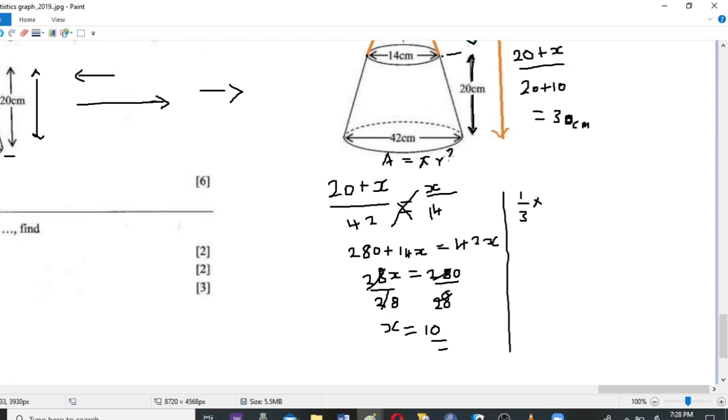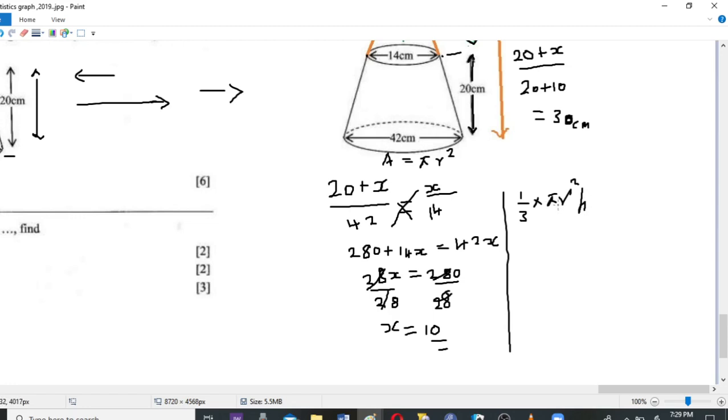So this is the base area we're going to have here, that is for the bottom part. So we have 1 over 3 multiplied by the base area, which is pi r squared. Now this we need to multiply by its height, right?